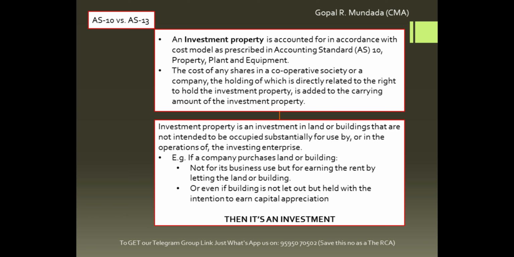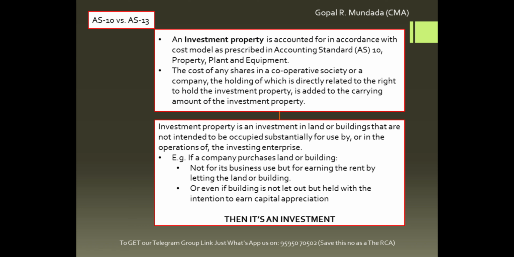Investment property is an investment in land or building, as we discussed earlier, that is not occupied for use by or in the operation of the investing enterprise. If a company purchases land or building not for its business use but for earning rent by letting out the land or building, or even if the building is not to be let out but held with the intention to earn capital appreciation.